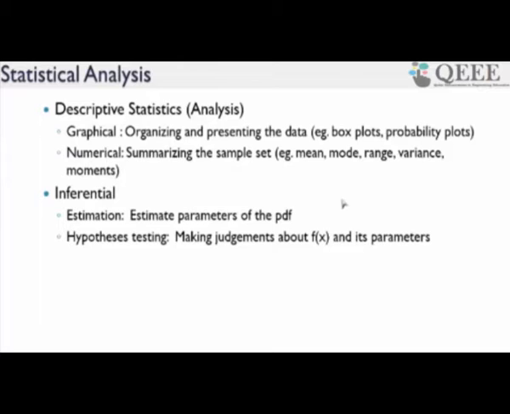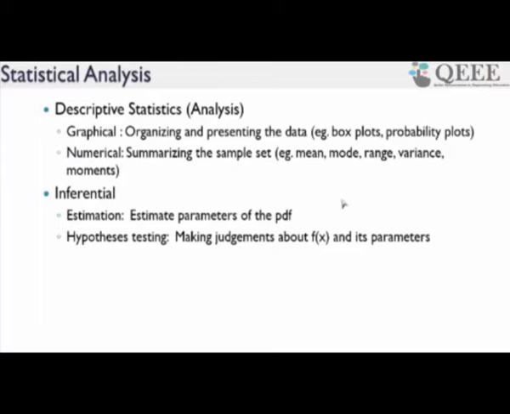Inferential would mean that you are going to make judgments about the type of distribution from which this data came and the values of the parameters in the distribution. That is, this comes from a population distribution which is chi-squared or t or F distribution, whatever that is, and you are also going to make judgments about the parameters in the distribution.